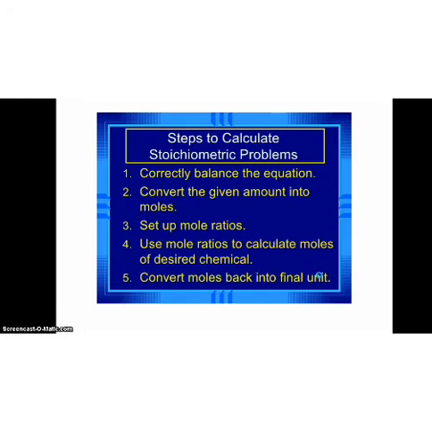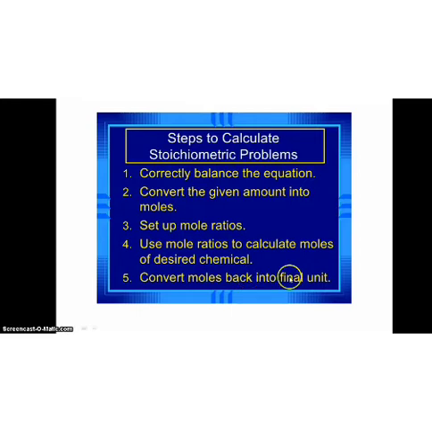There are various steps to calculate a stoichiometric problem. First, we have to balance the equation. Then convert the given amount into moles, which means conversion into number of moles. Then make a mole ratio, and from that we can calculate the moles of the desired chemical.